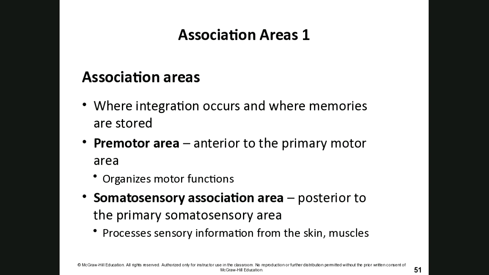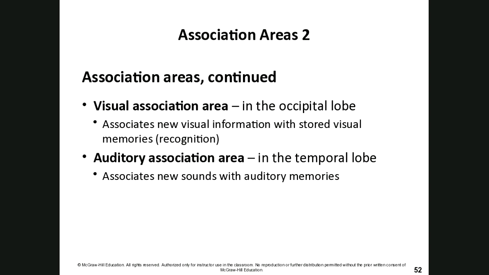So it's where that coordination begins. Of course, it makes sense that memories are stored here. Your premotor area, anterior to the primary motor area, organizes those motor functions. And somatosensory association areas process sensory information from your skin and from your muscles.